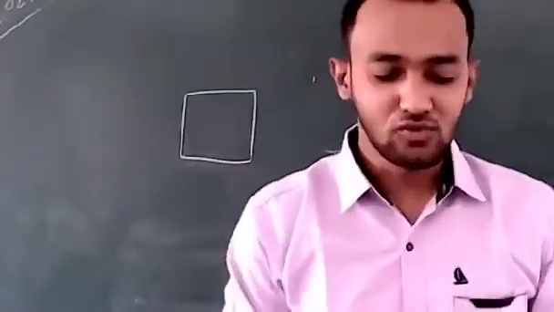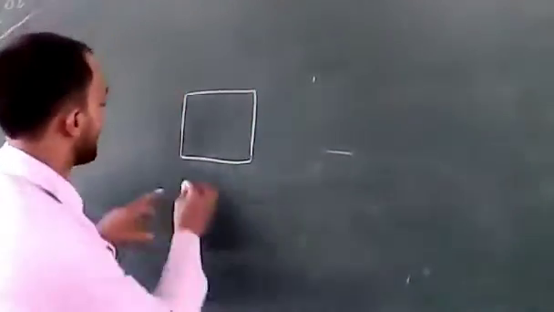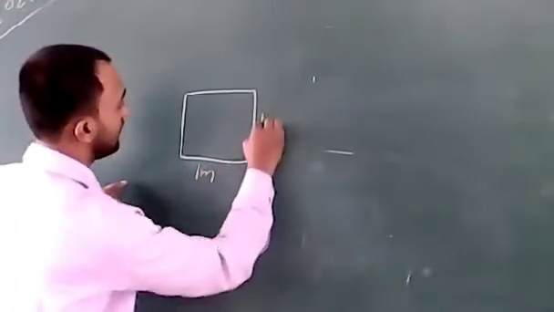We can define 1 meter square area by a square having side 1 meter.